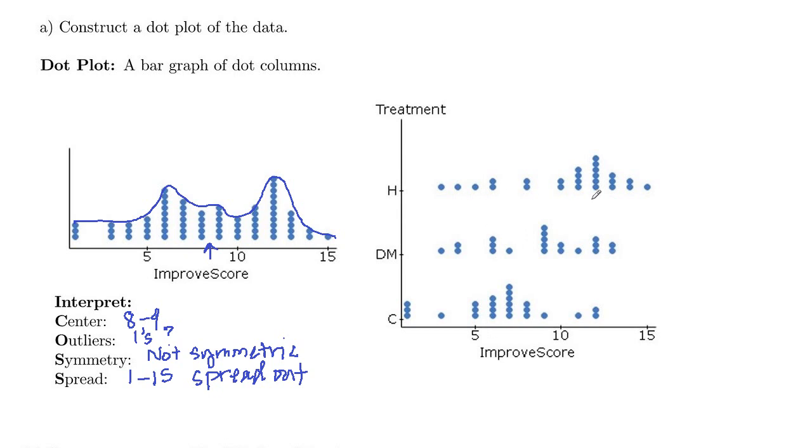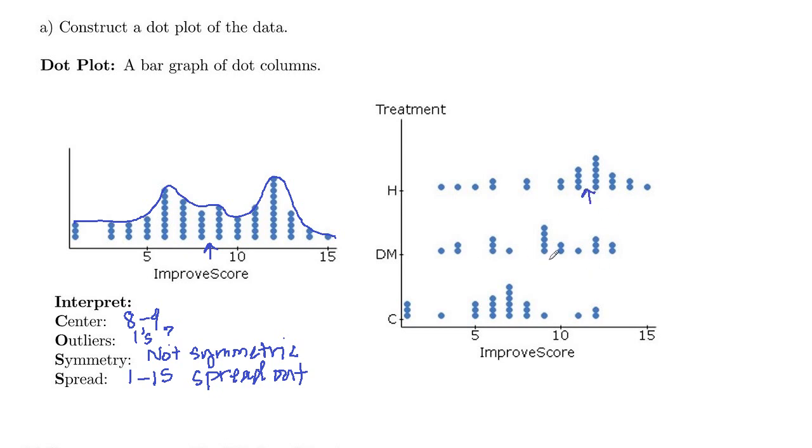Now when we look at the individual data here, we can also assess center, outliers, symmetry, and spread for each subcategory. So for example, if you ask what's the middle of each one of these distributions, the middle for the honey, I would guess somewhere in here.